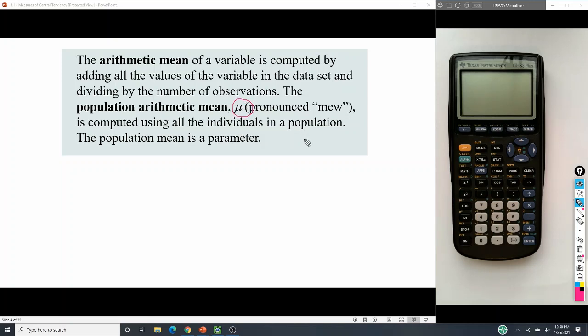It's pronounced mu, and it's computed here when we're talking about the population. So we have a parameter on those, and you're going to see that throughout the rest of this course. So when you see mu at this point, you have to recognize that that is population mean.